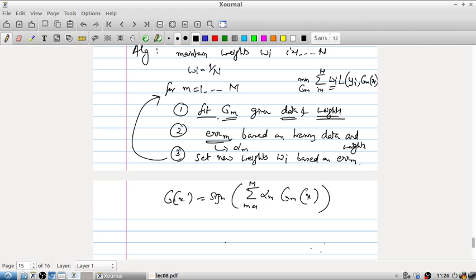And even this step I have not completely clarified: how do you fit G_m given data and weights? I just wrote the general expression for this. But G_m can be a decision tree, can be arbitrary other things. It can be a linear model, for example. So I have not completely specified step 1.